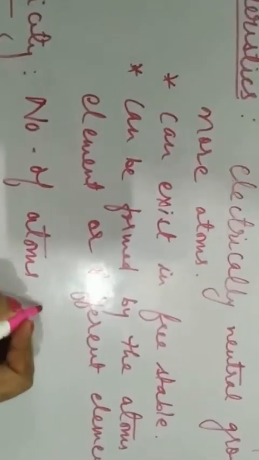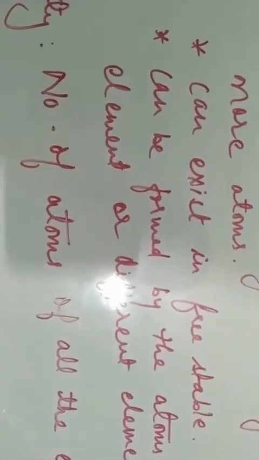The number of atoms of all the elements in a molecule of a substance is called its atomicity. For example, the atomicity of a molecule can be 1, it can be 2, it can be 3, and so on.